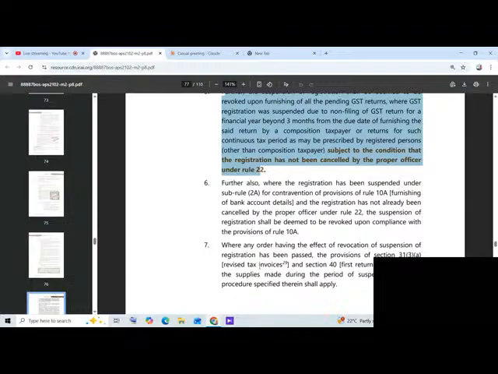Not been cancelled under Rule 22. Suspension shall be deemed to be revoked upon furnishing of pending GST return. Suspended due to non-filing of GST.